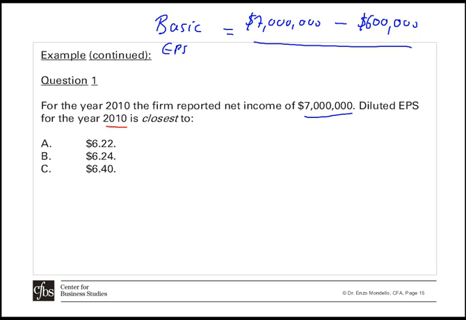So you have to understand that in the United States as well as in the United Kingdom, you have 3 sources of capital. That's debt, preferred stock, and common stock. And the dividend payments from preferred stock are made from net income. That's the reason why we have to deduct from the $7 million net income the dividend payment to the preferred stockholders of $600,000. Please note, in Switzerland and in Germany, we don't know about preferred stock.